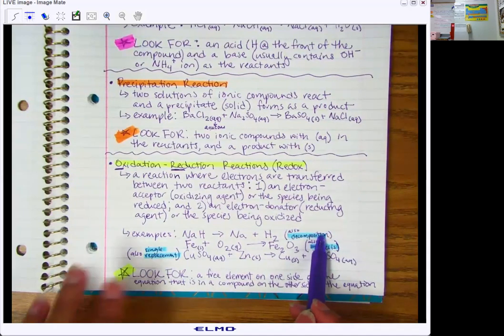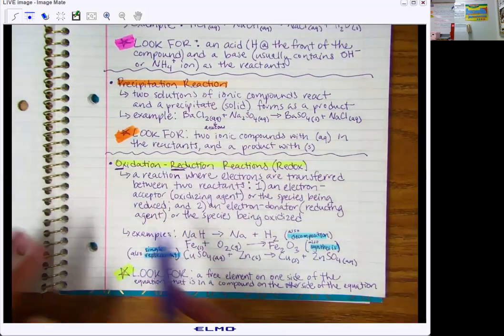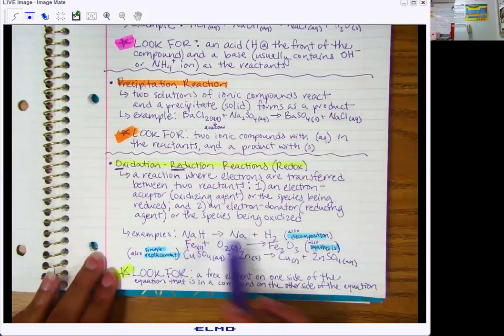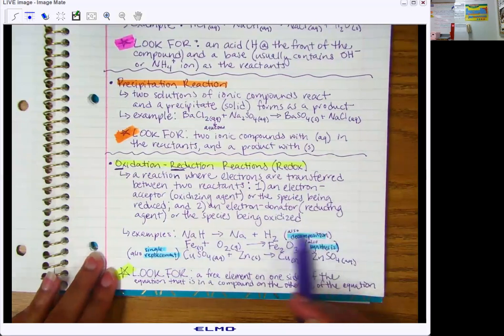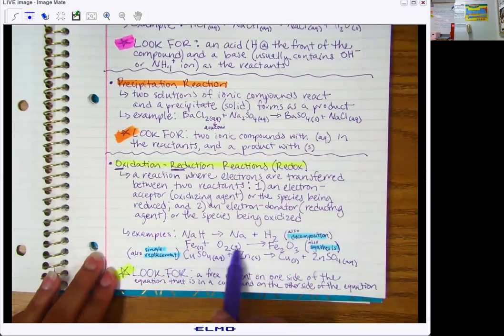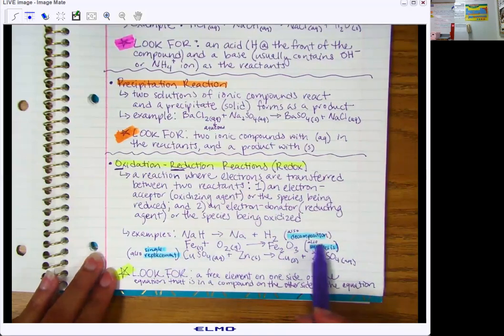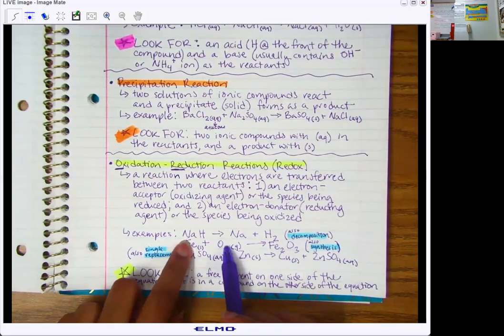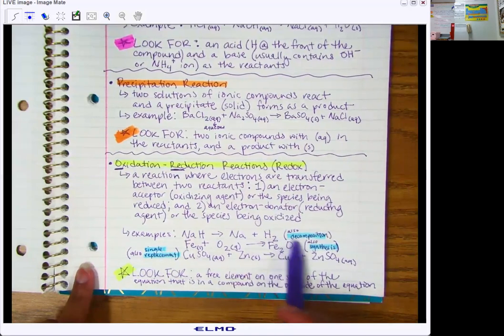So this sodium hydride reaction is also a decomposition reaction. This iron(III) oxide reaction is also a synthesis reaction because we have 2 smaller components being brought together to make one larger component.